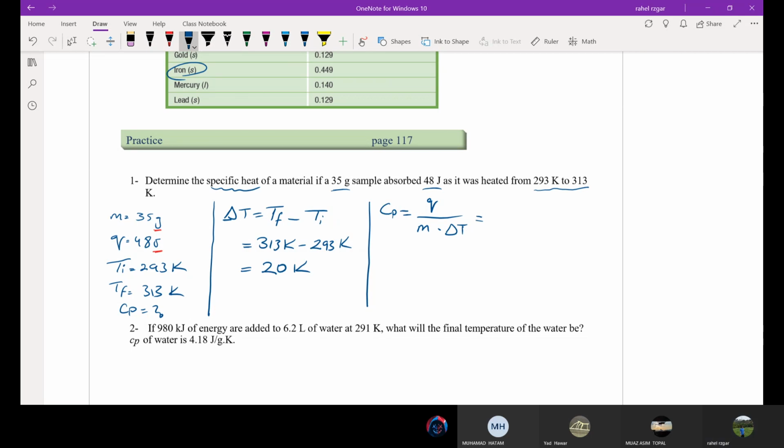Now we have Q, which is 48 joule, divided by mass, 35 grams, times delta T, 20K, and the result is 0.0685. Look at the unit. Joule, as you can see, it's on top, joule, and below it's gram and Kelvin. So that would be the unit of CP.